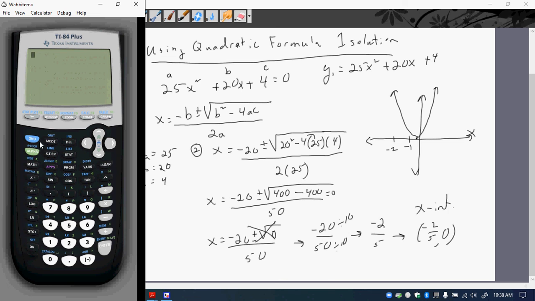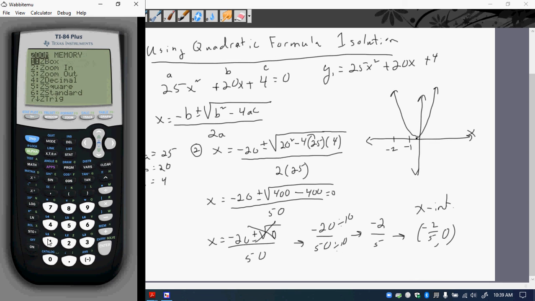So I'm going to clear everything, clear that. I'll type in 25x to the power of 2, and then add 20x and then plus 4. And this time I'm not going to push zoom 6 because I'm not going to see anything.